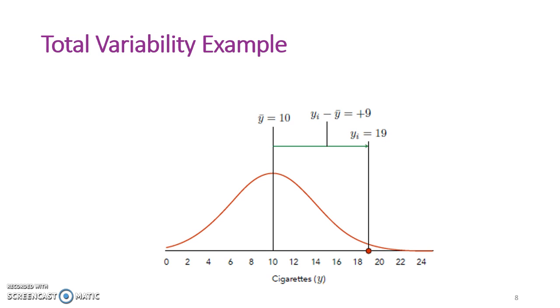The mean captures some portion of the score, but then there's this leftover part that's the difference between an individual score and the mean. I've highlighted that with this green horizontal arrow. We see that the deviation between this person's observed score of 19 cigarettes and the mean of 10 is positive 9.